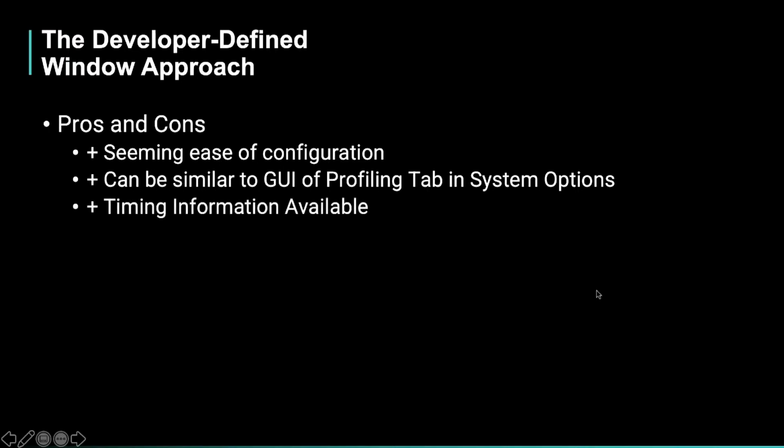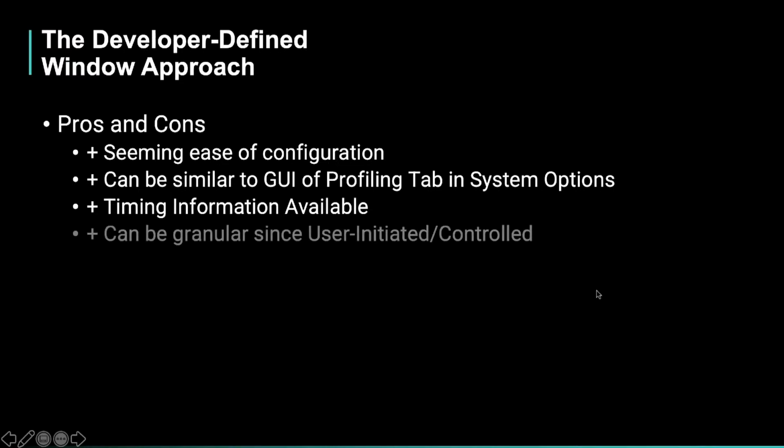The timing information is available. And it can be as granular as you want, since you can provide it to be your users who initiate and control when that profiling begins and when it stops.